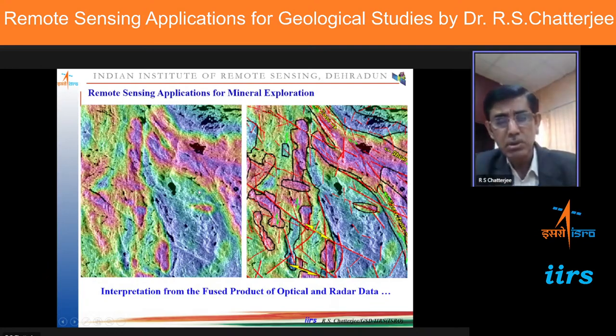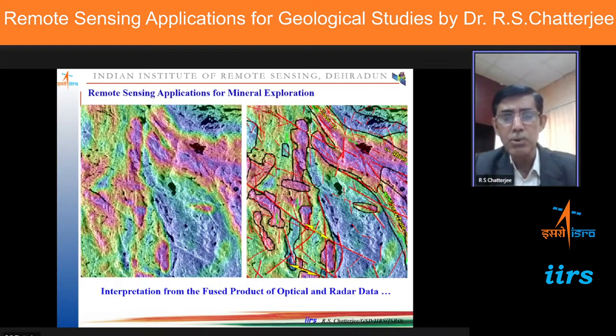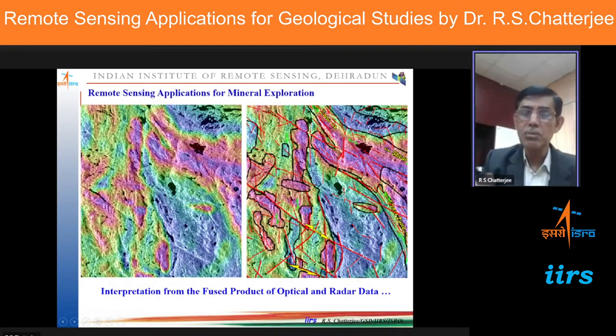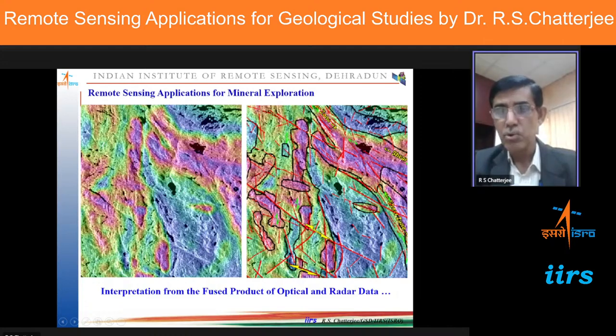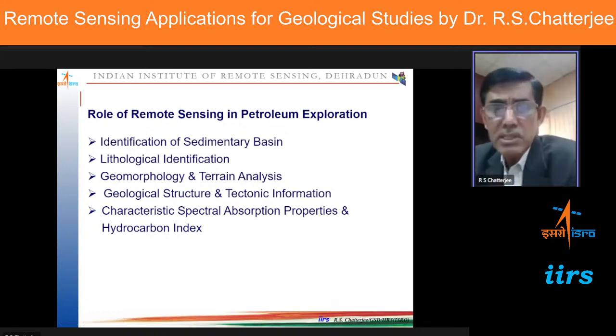We get both geological structures and the spectral properties, that is, the composition of these minerals. So by combining these two, the information content is more than double. So we can more precisely identify where the mineral deposit prospect is high. Now, this remote sensing is also very much used for petroleum exploration.